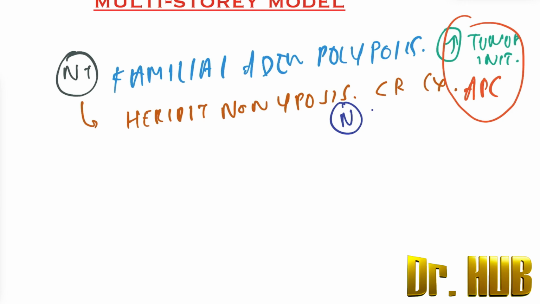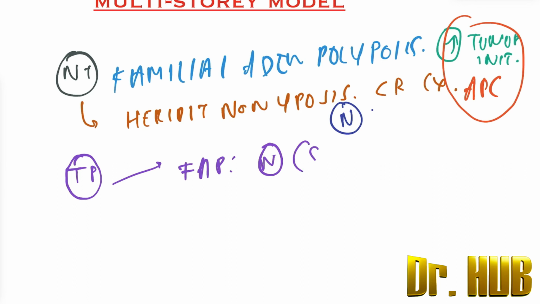Now when you look at the tumor progression, in familial adenomatous polyposis, FAP, it is normal, that is about 5 to 10 years. In hereditary non-polyposis colorectal cancer, HNPCC, it is accelerated.